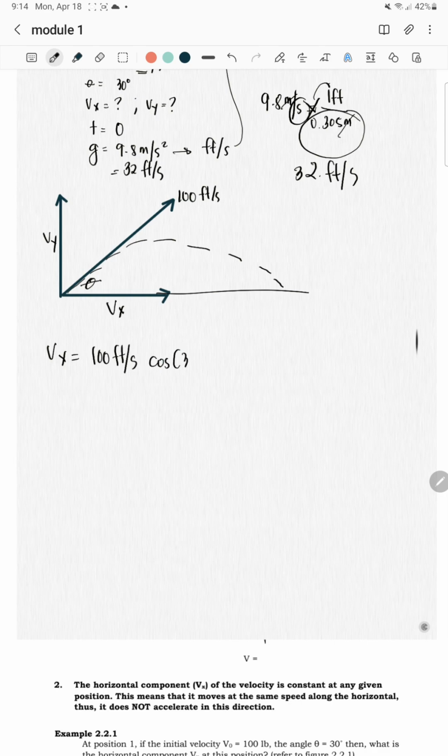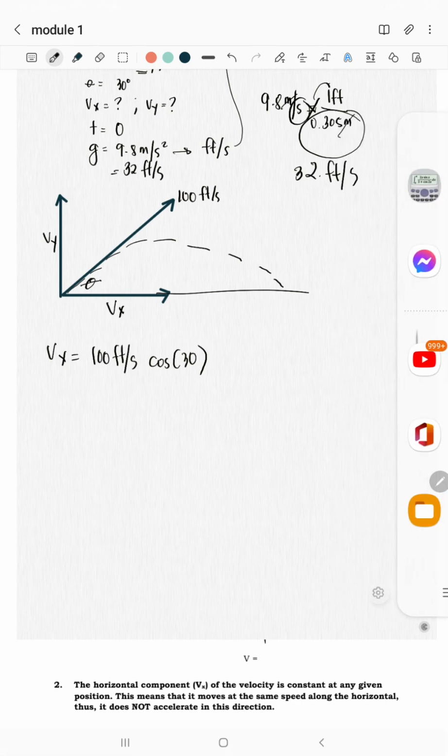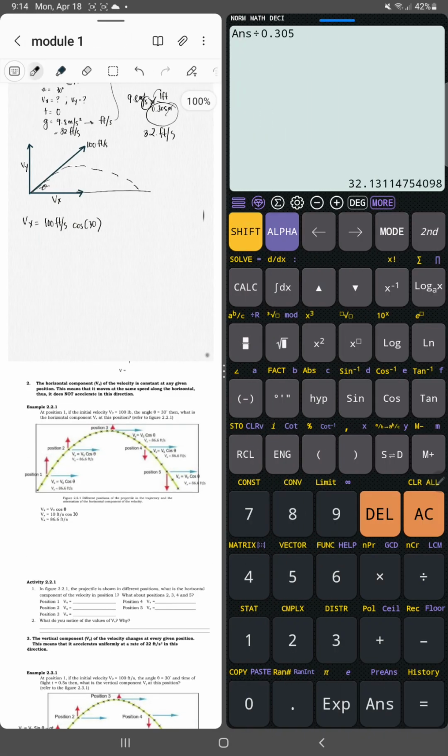Cos 30. So, ano ba yung cos 30? Actually, kapag may calculator kayo, pwede nyo na itong idiretso doon sa calculator. Okay. I-try natin. 100 times cos 30.